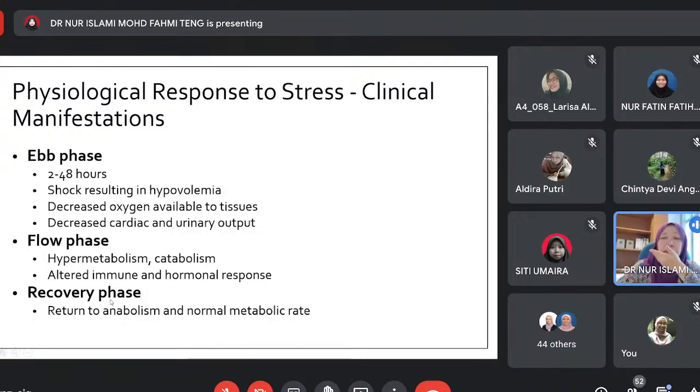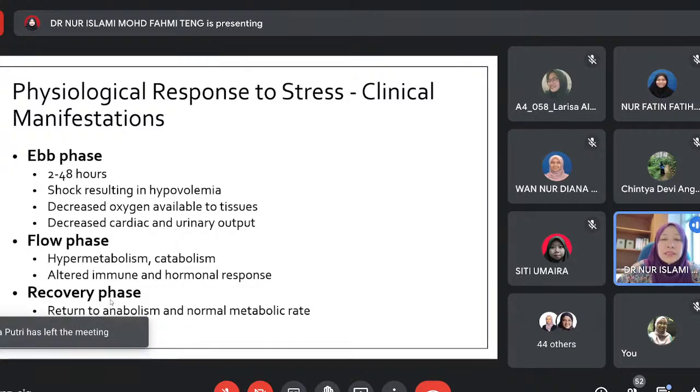Okay, during the flow phase, it is like an all-or-nothing reaction. It means hypermetabolism, catabolism, and immune and hormonal responses occur. The substrate flow should be high enough for the fight-or-flight reaction. In the flow phase, our body tries to prevent situations like bleeding and infection. If the response is severe and persists for a long period, it can lead to the onset of body damage.